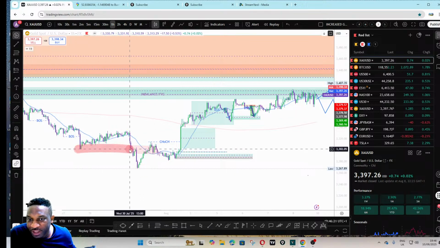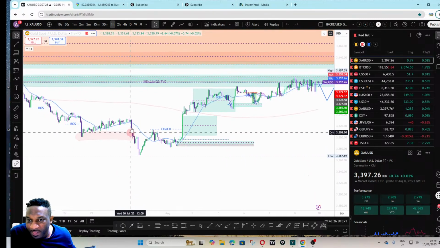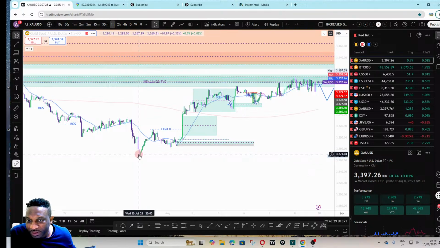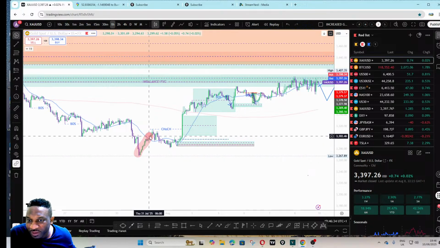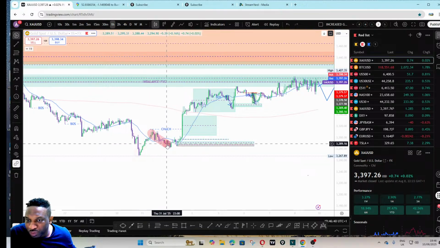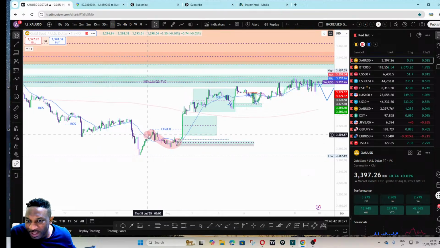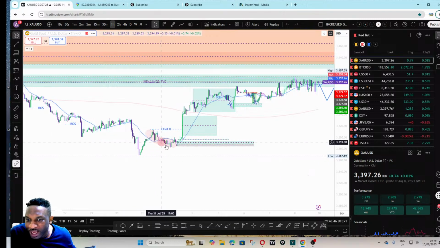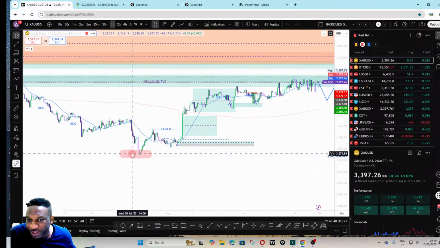So this in itself is the first leg. After the first leg, we have a retracement filling the imbalances along here, and then it began to push down again. So this became the failure swing. It was unable to beat the previous record here.